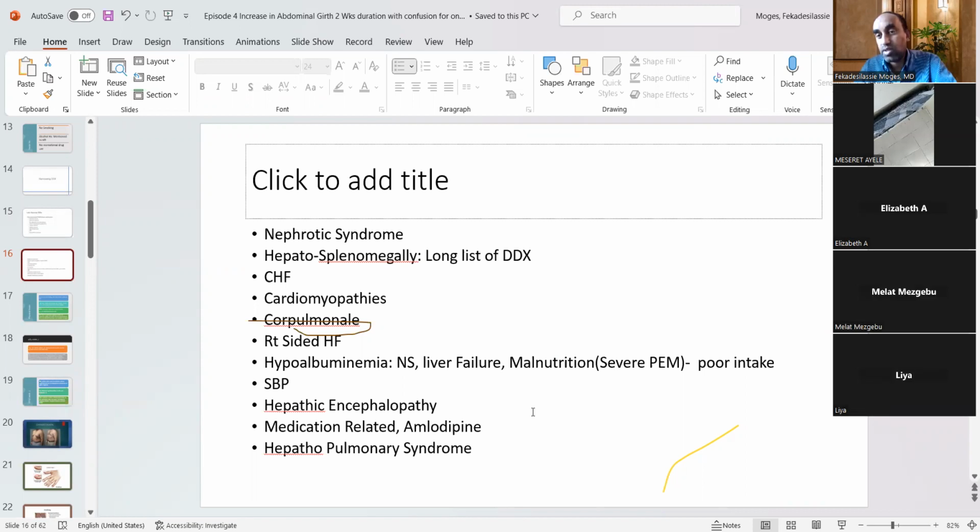The periumbilical veins normally drain into the iliofemoral venous group. So if it is due to portal hypertension, the direction of flow of the veins is downstream, downwards. And if it is related to IVC obstruction, congestive heart failure, and all that, the direction of flow might be reversed upwards.